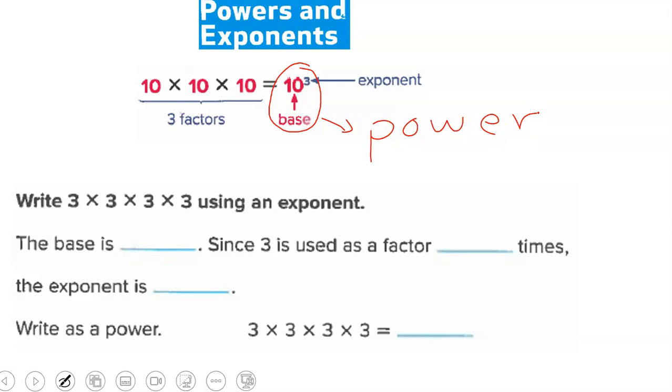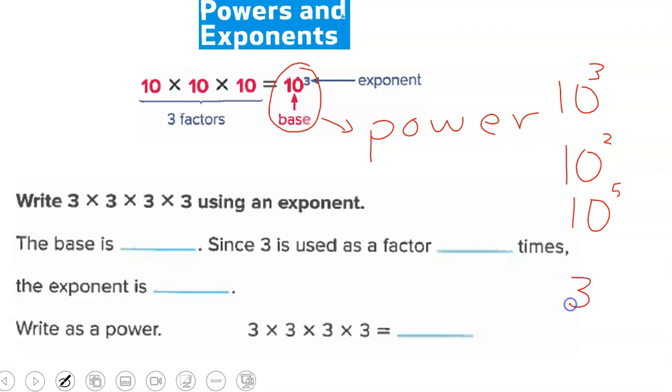How can we read it? We can say 10 to the third power. If it is 10 with an exponent of 2, you can say 10 to the second power. If it is written using an exponent of 5, you can say 10 to the fifth power.